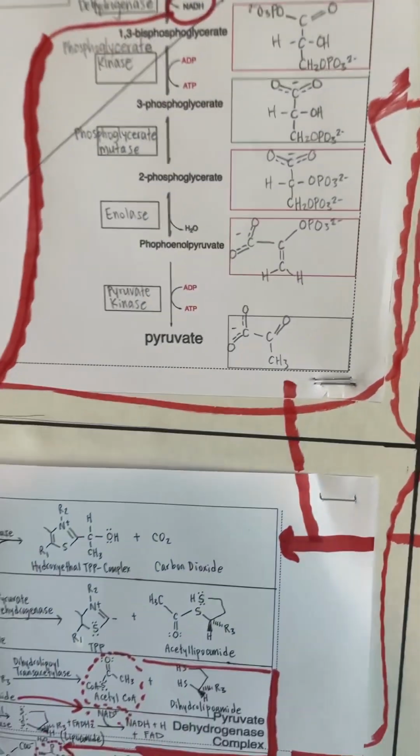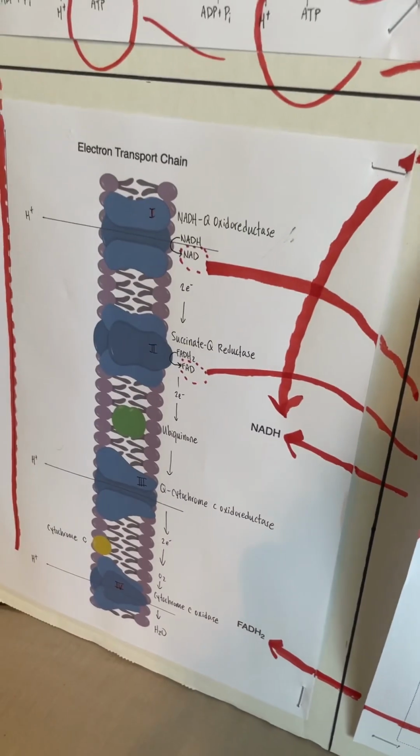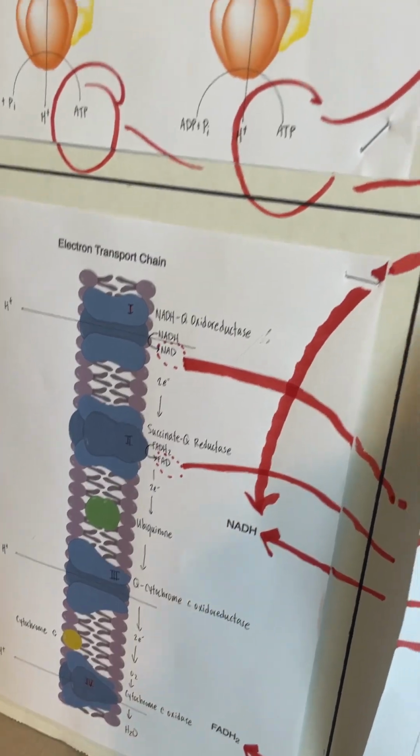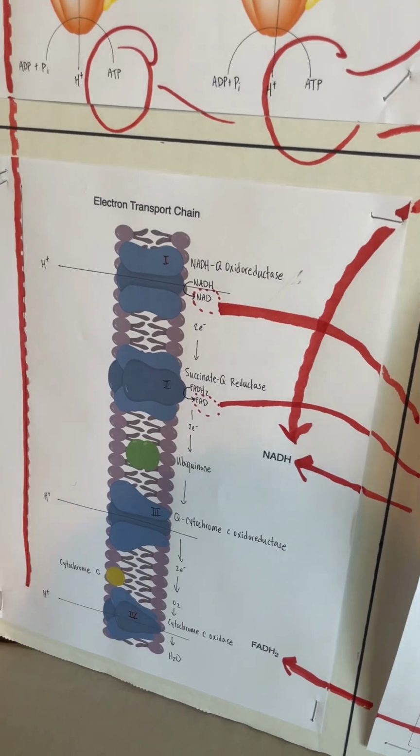So through the process of glycolysis, we end up forming NADH and using some ATP, and the formation of pyruvate can also be used down here in the pyruvate dehydrogenase complex, as well as the NADH formed here in the electron transport chain. So the same path that the cofactors of the citric acid cycle take to form ATP is the same pathway that these cofactors here take to form ATP through the electron transport chain.